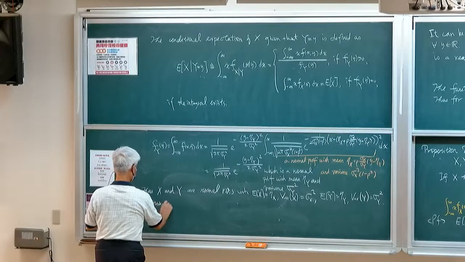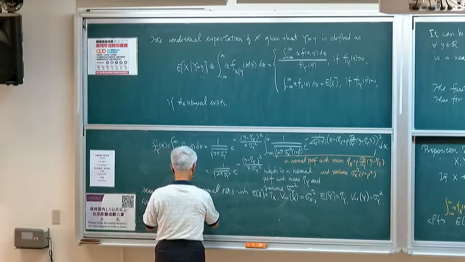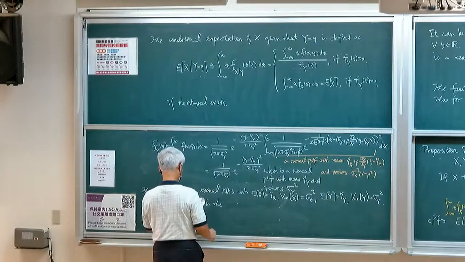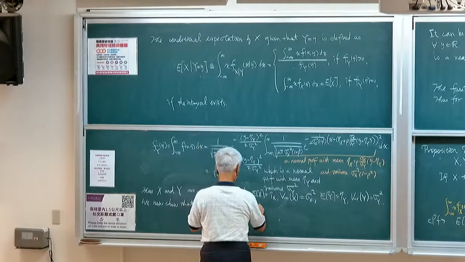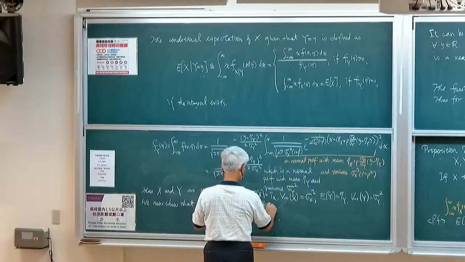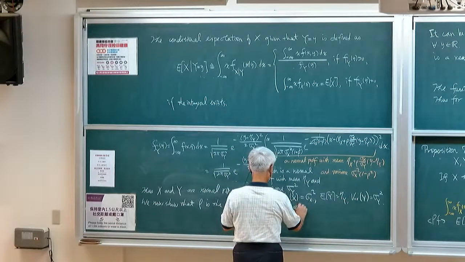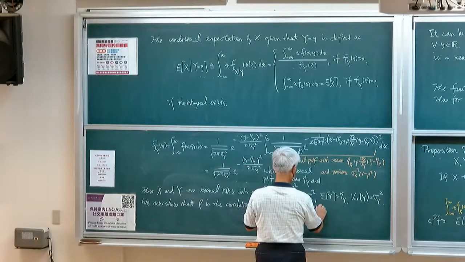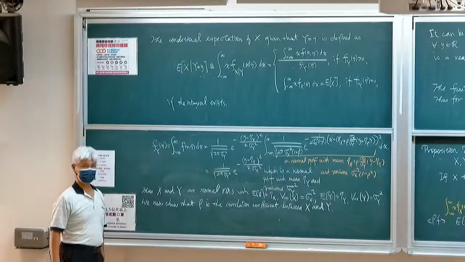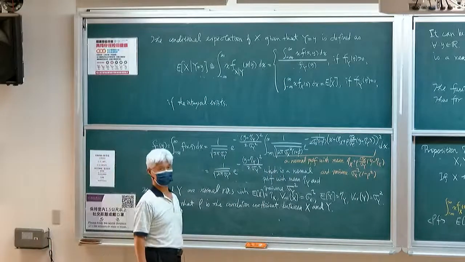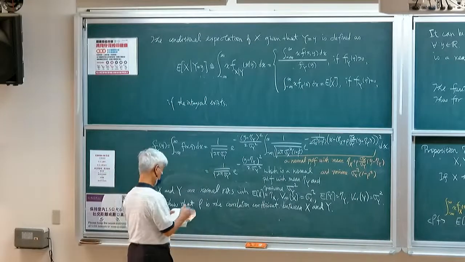We now show that rho is the correlation coefficient between x and y. So now I will show the last parameter rho is the correlation coefficient between x and y.